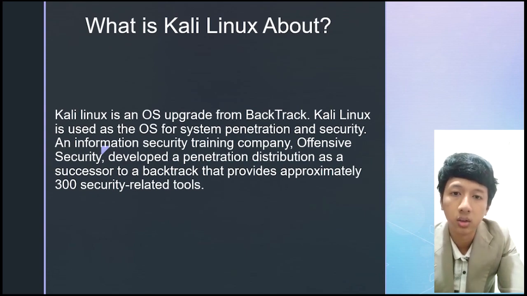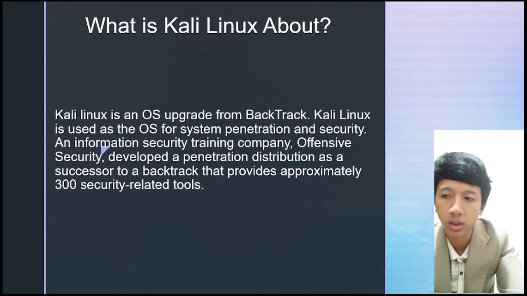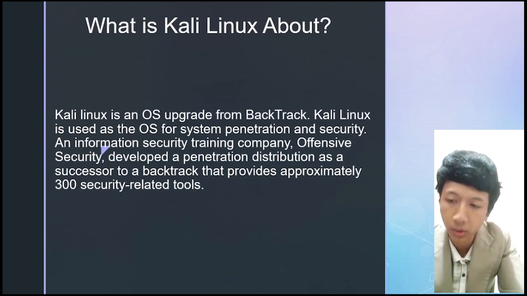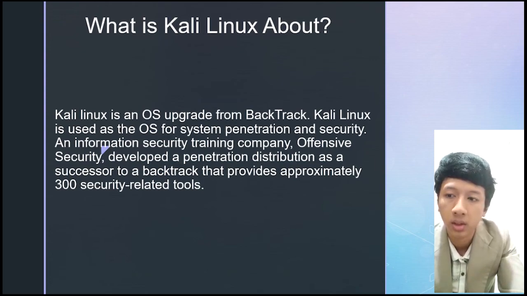Kali Linux is an OS upgrade from Backtrack. Kali Linux is used as the OS for system penetration and security. An information security training company, Offensive Security, developed a penetration distribution as a successor to Backtrack that provides approximately 300 security-related tools.